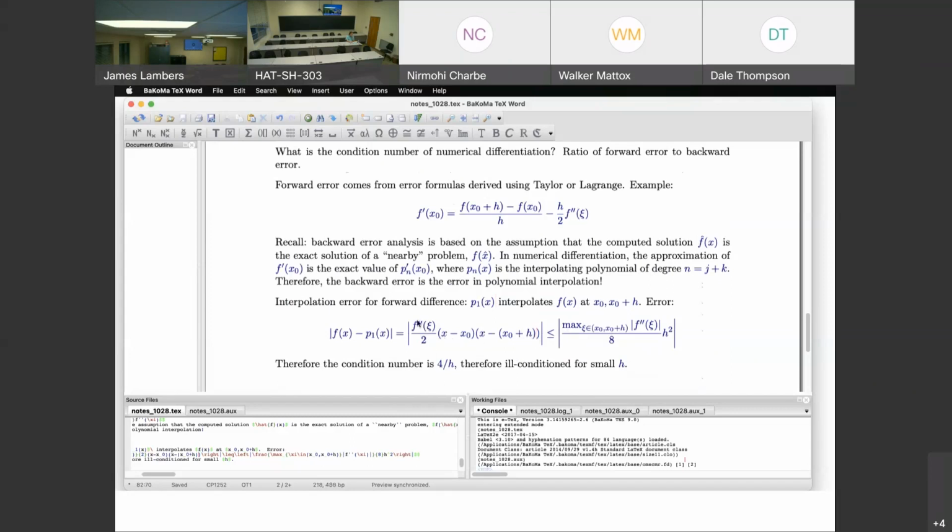Where we had to find an upper bound for this, and then separately find an upper bound for this. So here, we're just going to say, whatever the maximum of this is. Now, this unknown point, the only thing we know about it is it lies in the interval containing the interpolation points. But those are x0 and x0 plus h. So that's why I have this. Okay. Is that what you're asking about? Yeah, that's what I was.